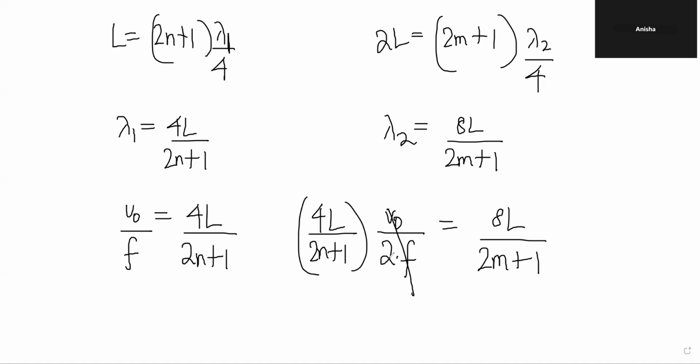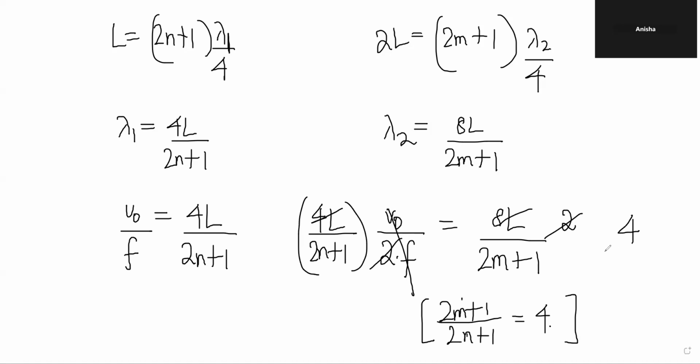So 4L gets cancelled with a 2 here. We are getting 4 here. We are getting 2m plus 1 by 2n plus 1 is 4, which is impossible because it's odd by odd. So D option is not going to be possible here.